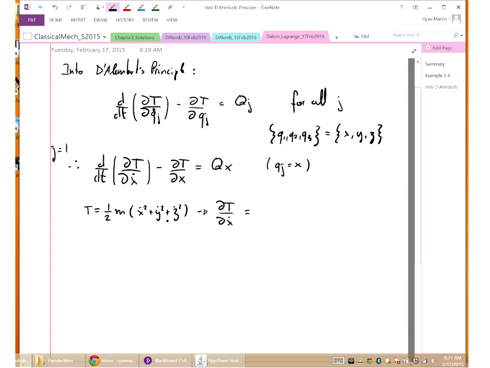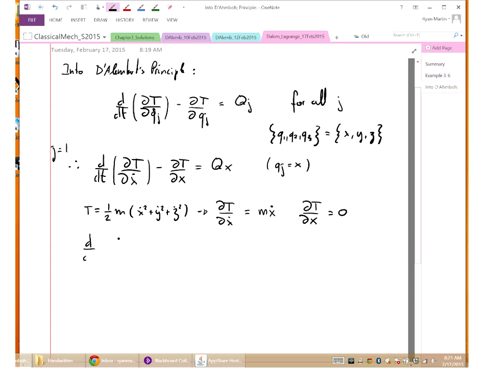If I do ∂/∂ẋ of a half m ẋ squared, that's simply mẋ, right? The squared cancels the half. And then we need ∂T/∂x. Now if I look at T, it doesn't depend explicitly on x, right? So that's equal to 0.